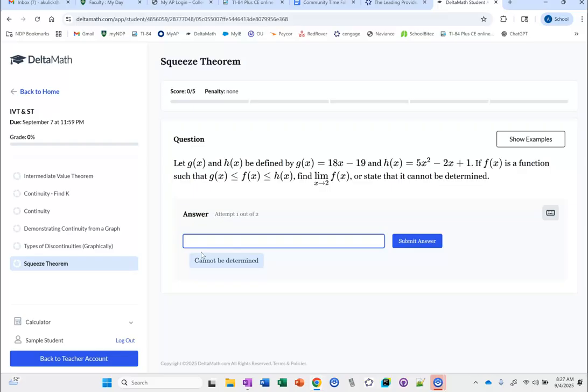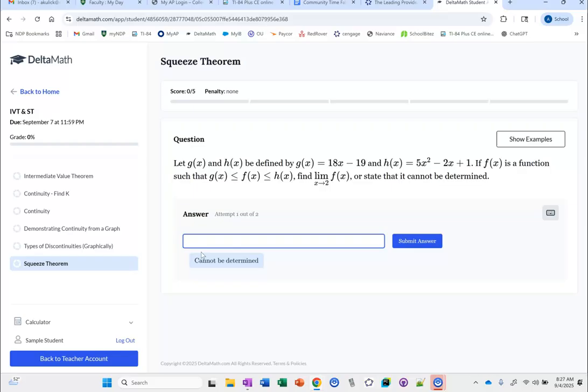Most of the time, this is going to be the presentation of a squeeze theorem problem, where you're given that the inequality exists. You're given the upper bound, you're given the lower bound. You just need to evaluate the limit of the thing in the middle.